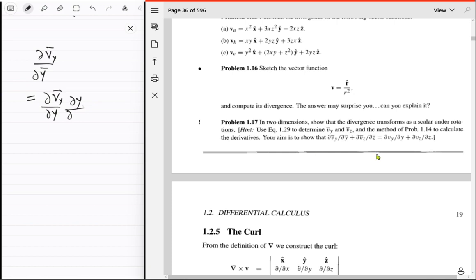Or you can go for the right hand side, but whatever. Now you can write everything in terms of y bar and z bar by solving the equation to get y and z, just like the way they did. Or you could do it the other way actually. Whatever. So you got this thing, and I guess this should actually work out.